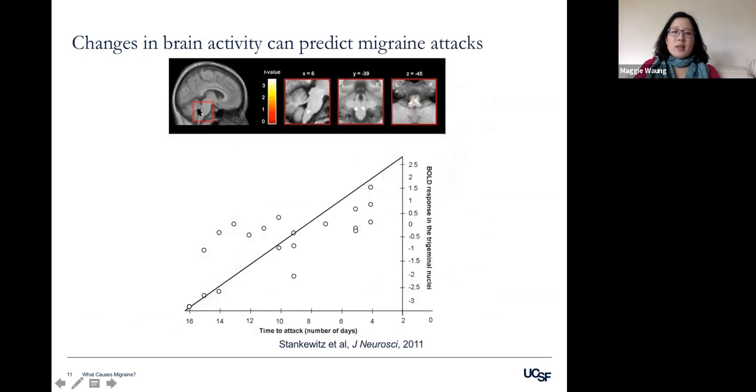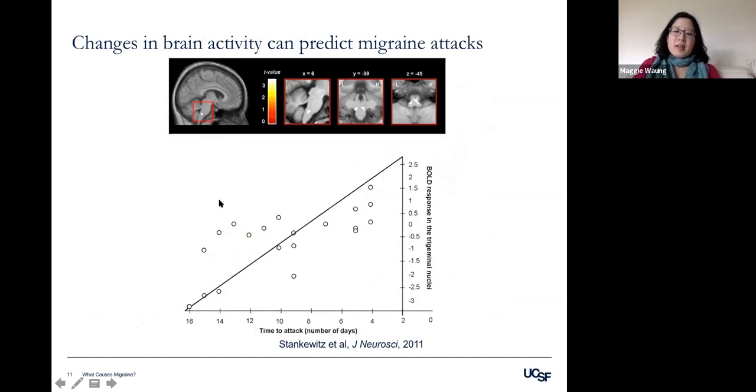Finally, I put this study in here because they were able to look at a region of the brain that I'll talk about a little more later, the trigeminal nucleus caudalis. The important thing about this study is that these scientists were able to predict when the next attack was in these patients by looking at the activity in this region.